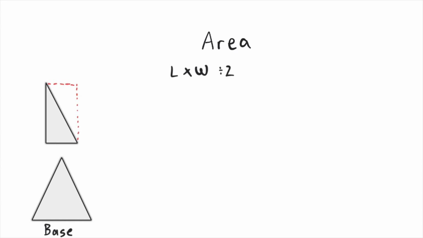We're going to allocate that to one of these letters here. And I usually like to allocate it to the width because the base is more often than not going to be the shorter side. So that's what I like to do. I'm going to change this formula around a little bit to reflect that. Base divided by 2. And really all that's left is to give the length its new name.